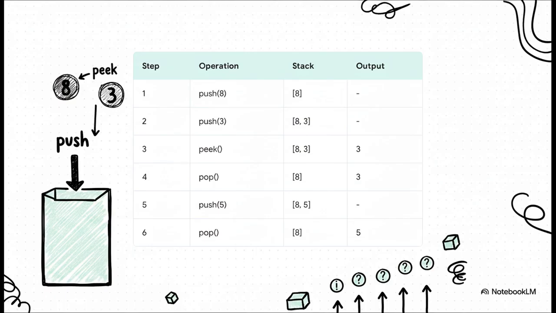Then, in Step 4, we execute a pop. This completely removes the 3 from the stack, dropping us back down to just the number 8, and it outputs that 3. That is exactly why both peek and pop output the number 3, but only pop actually alters the stack. Moving on, Step 5 pushes 5, making the stack 8, then 5. And finally, Step 6 pops, outputting the 5 and leaving our stack with just the 8 again.